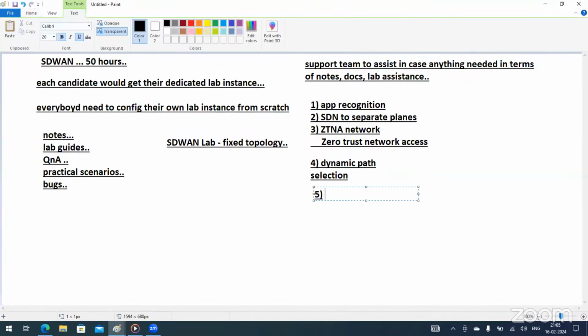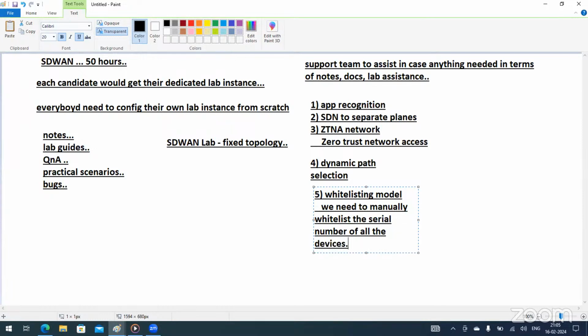Now, fifth, an additional layer of security is the whitelisting model. We need to manually whitelist the serial number of all the devices.